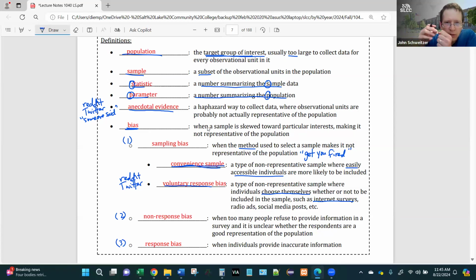Maybe not everybody has the same exact opinion, but there is definitely a directional bias there. So any poll that pops up on the internet is going to be voluntary response, because the people weren't randomly selected to be in the poll. They're already on the website, and it pops up and they take the poll.